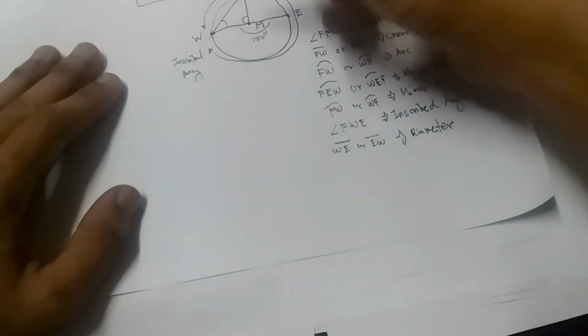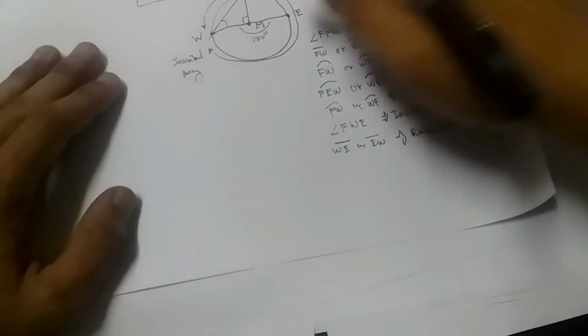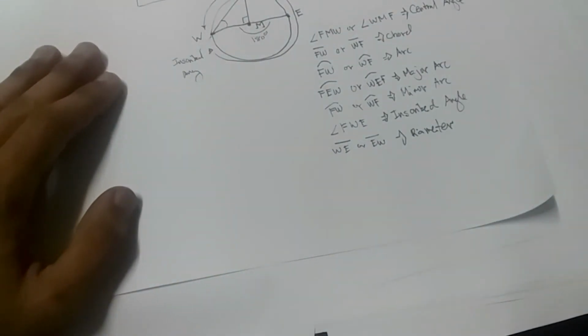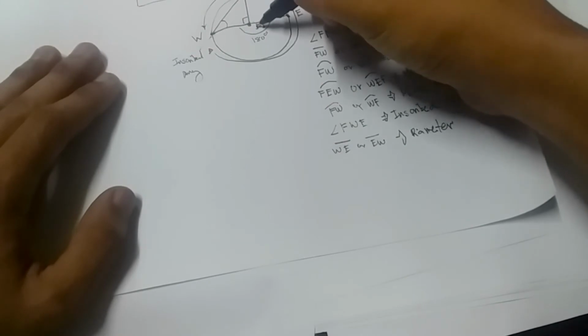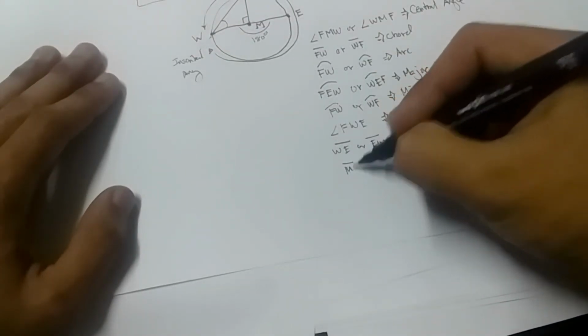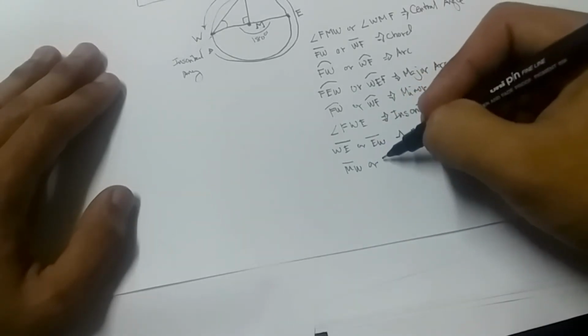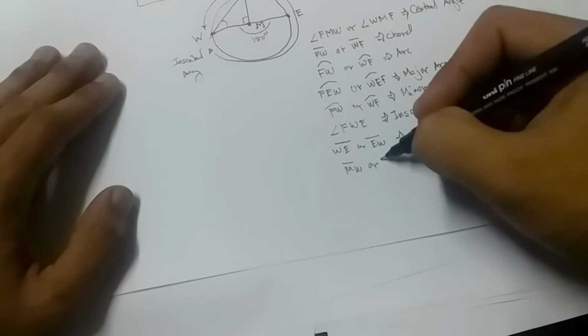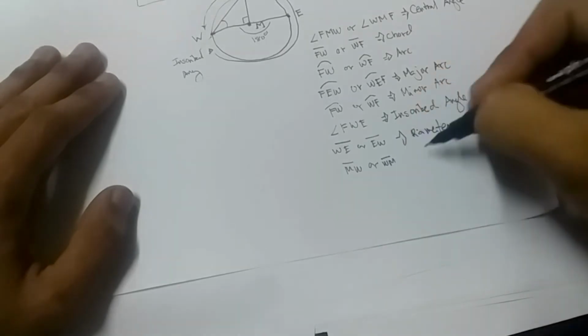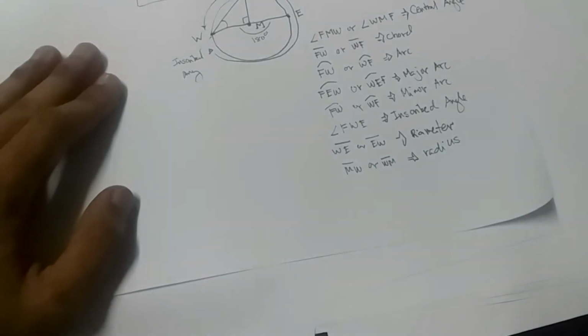Okay, so we have also here the radius, which is 1/2 of the diameter, from point M to point W, or point W to point M. We call this our radius, which is 1/2 of the diameter.